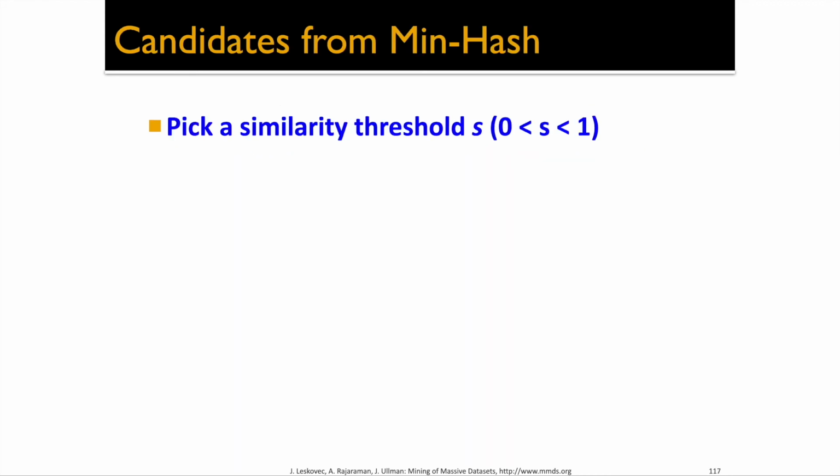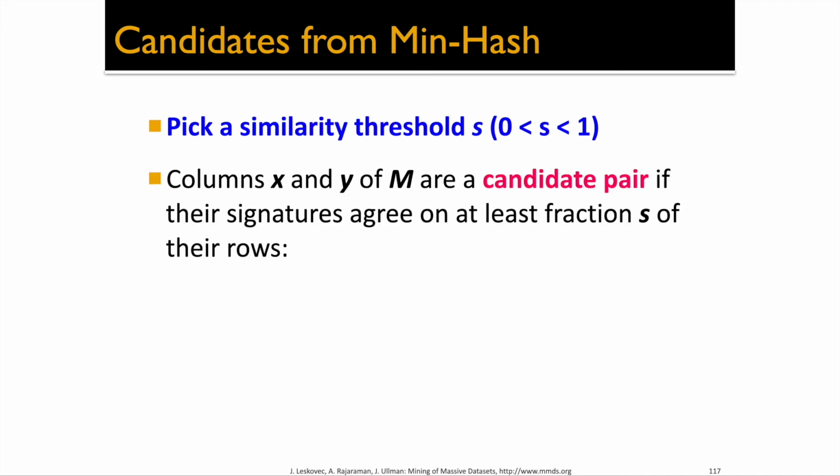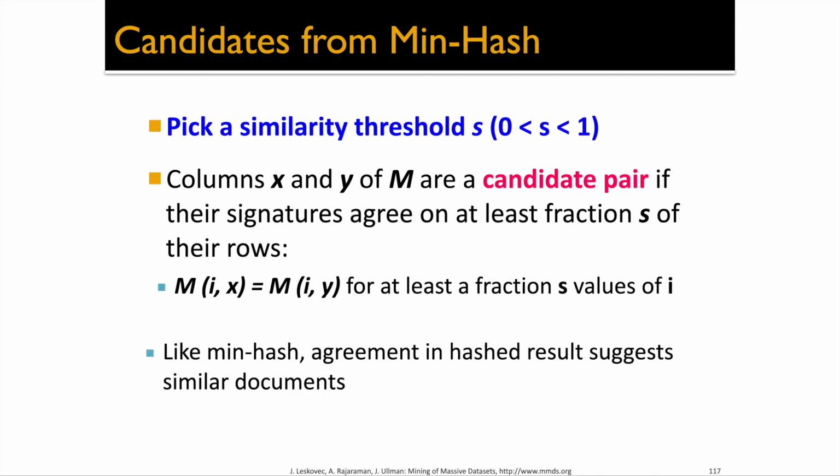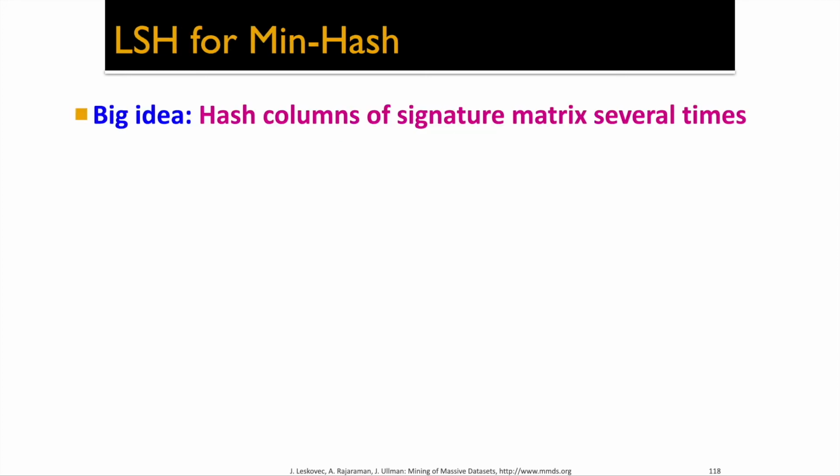So for min-hashing, we want to pick some similarity threshold S. Remember, this is Jaccard similarity, so it's between 0 and 1. And since we're using min-hashing, we know that if two columns of this signature matrix M, document X and document Y, have signatures that agree on at least S fraction of their rows, that means they are likely to be at least S similar. And agreement in these hash results tells us something about the similarity of these documents.